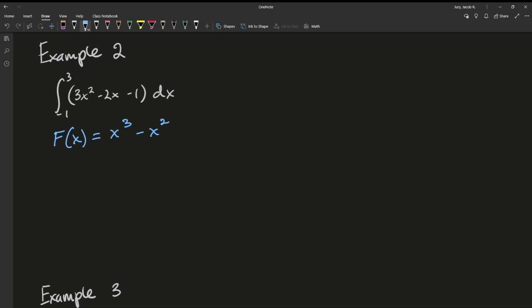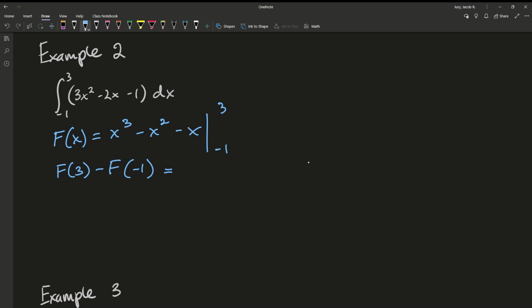So I'm using the inverse power rule, and then I'm subtracting x, and then I want to evaluate this, and you might see a bracket written here to just show you're evaluating from -1 to 3, or you might just see a bar showing that you're evaluating capital F of 3 minus capital F of -1.